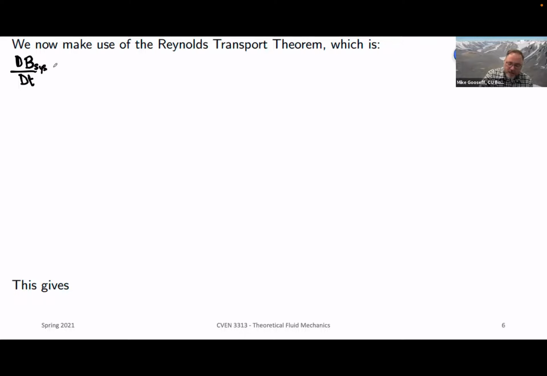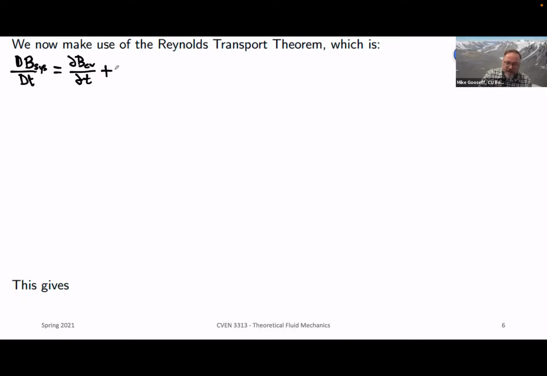So some property is equal to the partial of B in the control volume with change in time. And I'm writing this kind of small because I have two long terms to write out here. Plus, so here's our temporal term. Remember, this is what we call the local derivative.